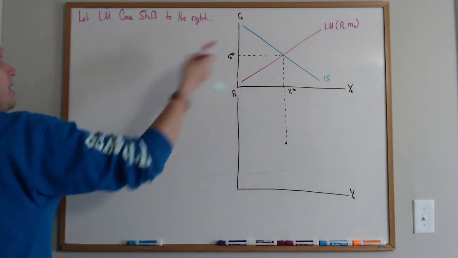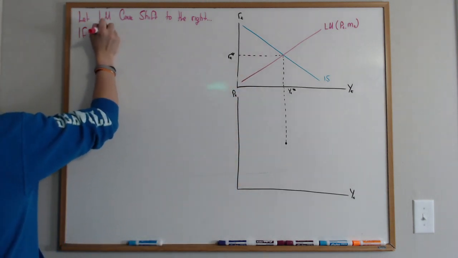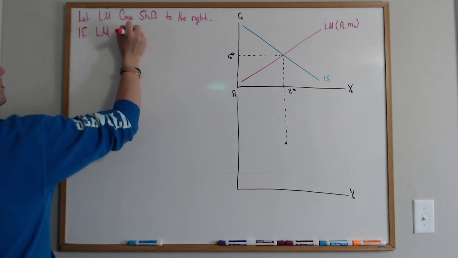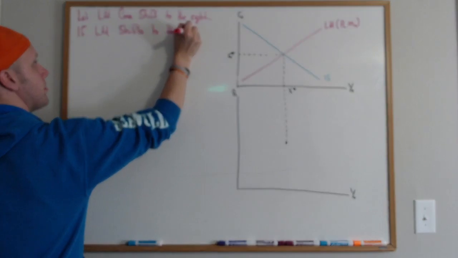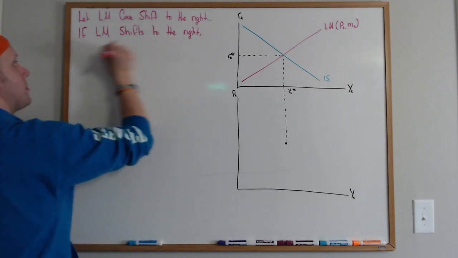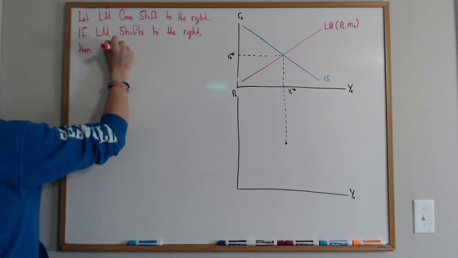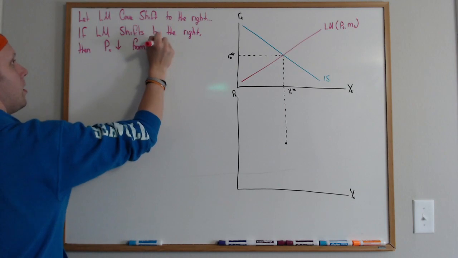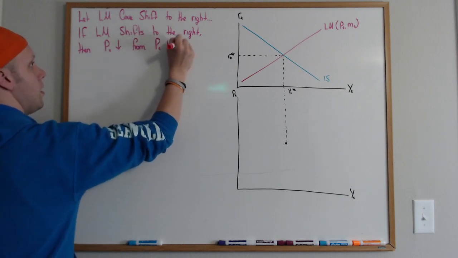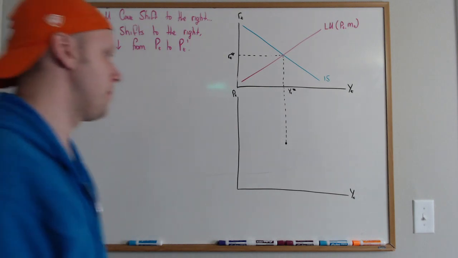So if we're going to shift the LM curve to the right, then what has to happen is the price level will fall from PT to, say, PT1.